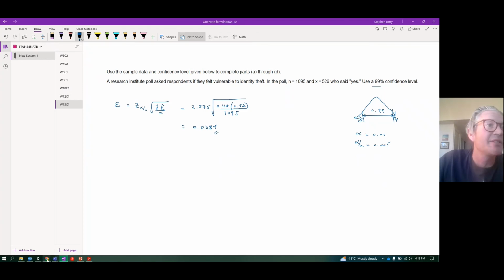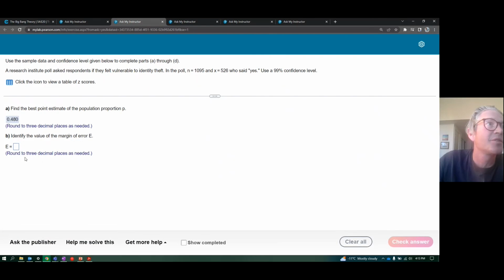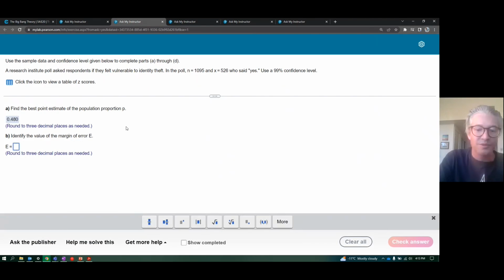And again, just make sure that the, 3 decimal places. Ooh, so 3 decimal places would be 0.039.